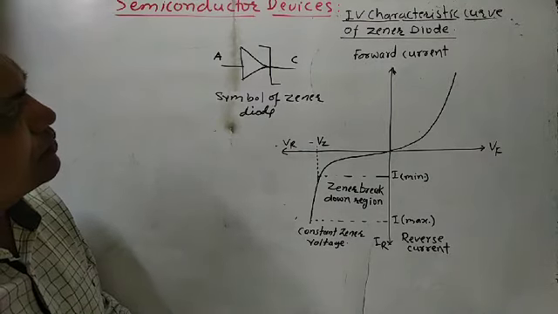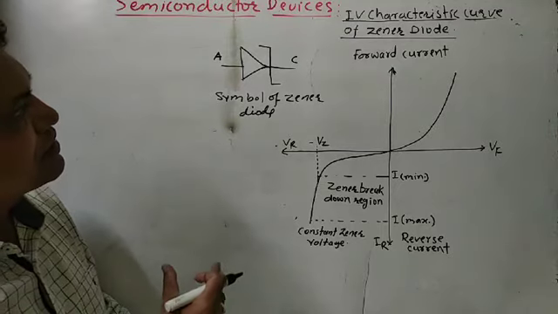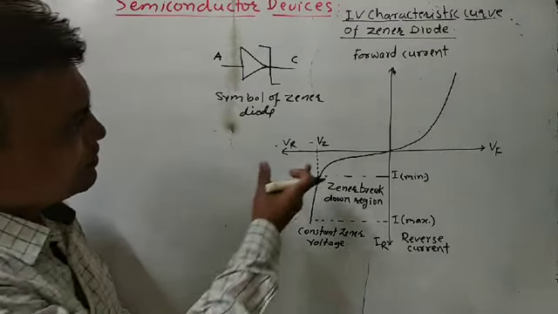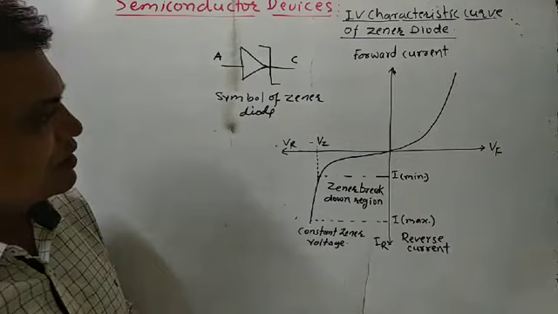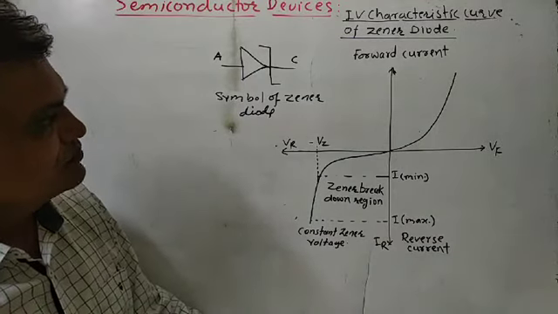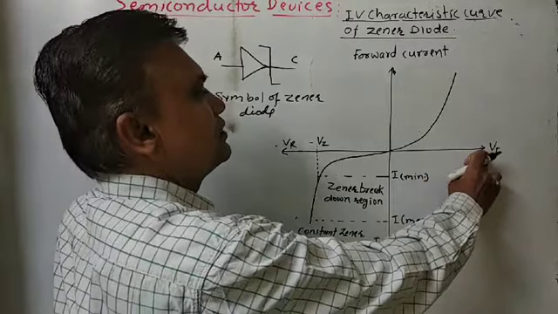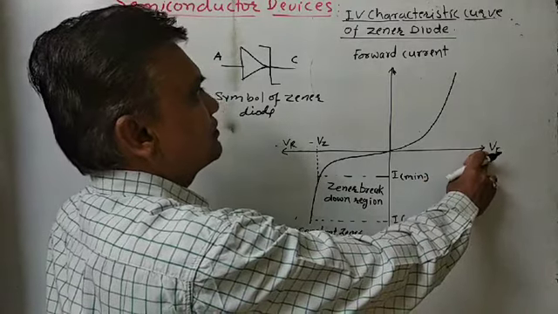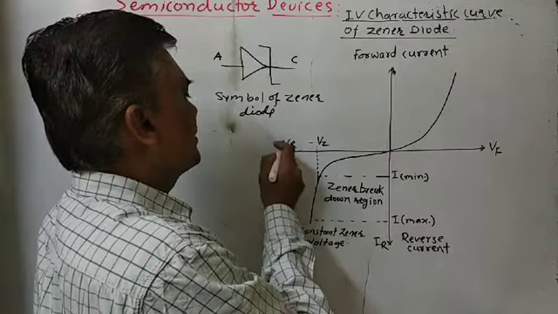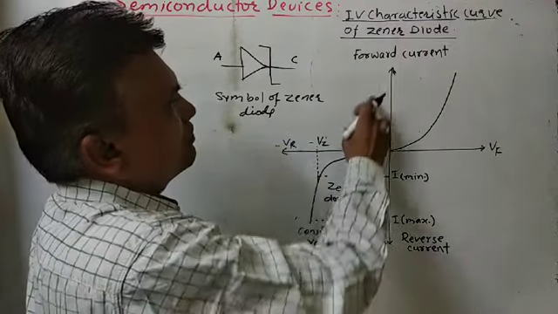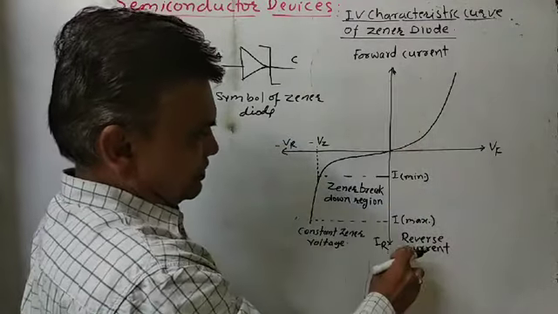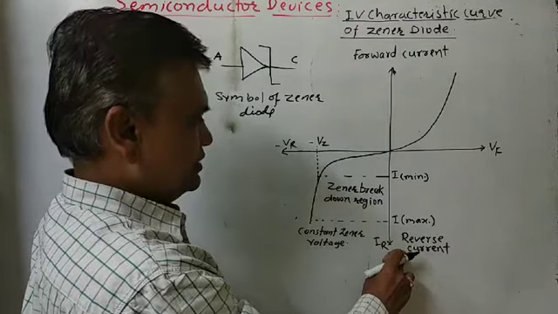The IV characteristics of the Zener diode are shown in this graph. Along this axis we have forward voltage, and this is reverse voltage, forward current, reverse current.